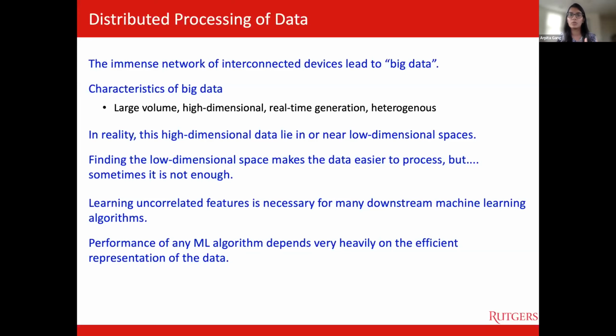So if we can find those low dimensional spaces, the data would be easier to process. We don't have to process the high number of features that raw data has.